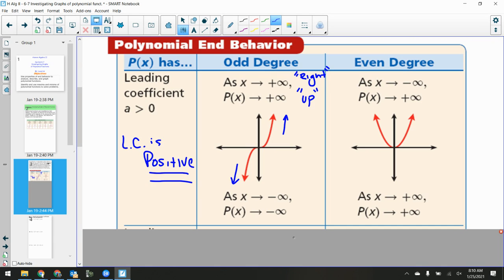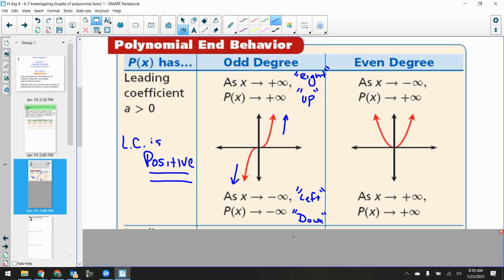Look at the bottom of that box. As x approaches negative infinity, as x gets smaller and smaller, so on the left, p of x, the y values go down. And then it kind of fills in from there for the rest of them as well.